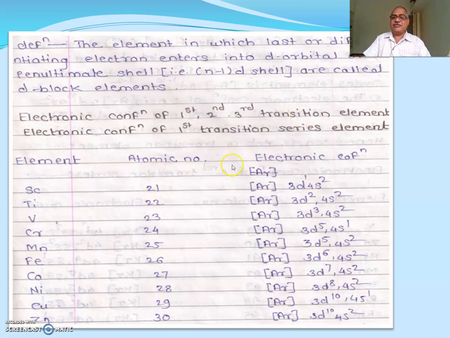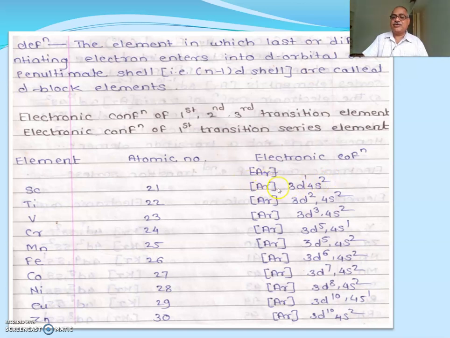And the electronic configuration is (n minus 1) d, ns2, that is, n minus 1 d 1 to 10 and ns2. This is the general electronic configuration of the first transition series.